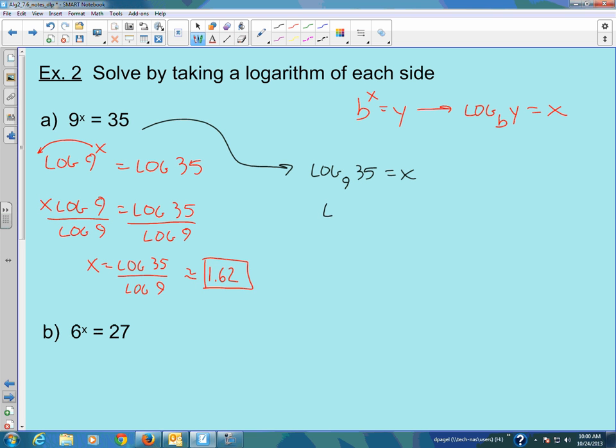And now we have a change of base formula where we put log of 35 over log of 9. And it's the same thing. So you can choose whichever of those two methods you'd like to work with, either taking the log of both sides or just going ahead and changing the form.